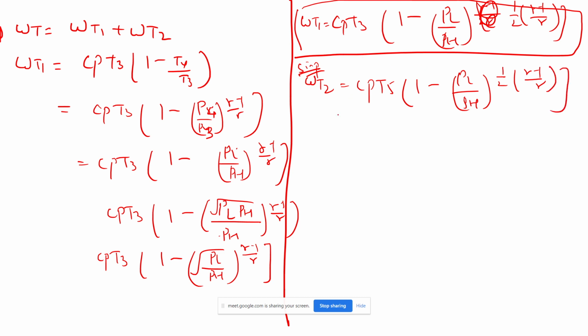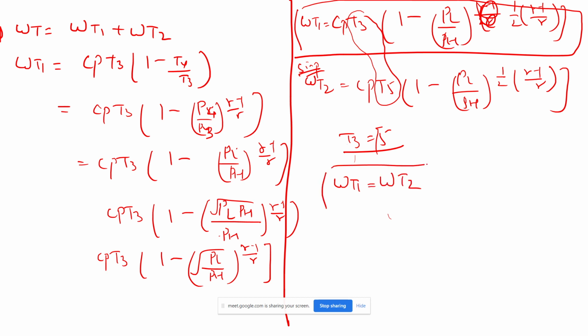So for perfect reheating we know that T3 is equal to T5. Therefore this is the only factor separating turbine work 1 and 2. Since for perfect reheating this is the same, we will get turbine work 1 equal to turbine work 2.